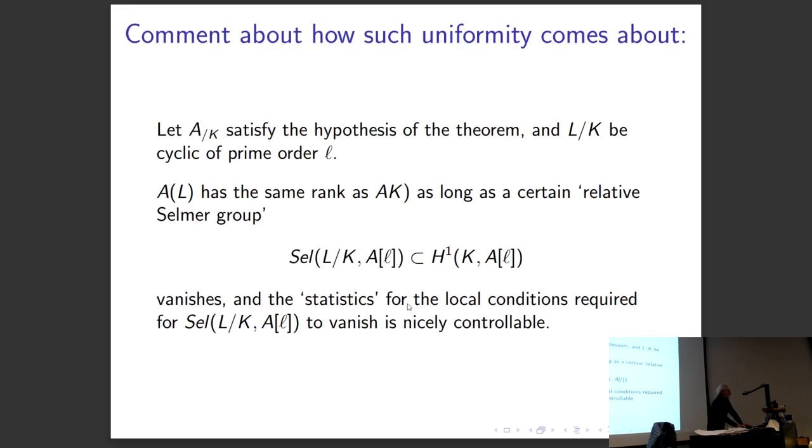So what we're doing is we're going to define this Selmer group by local conditions, as mentioned in the first lecture. And you want these local conditions to vanish, and vanish quite often. What's weird is that in the relative case, you look at these conditions prime by prime by prime, and there are certain primes.